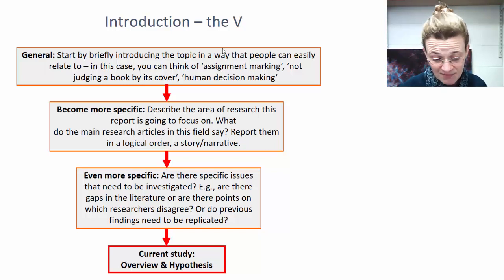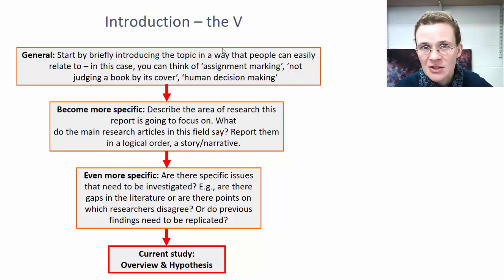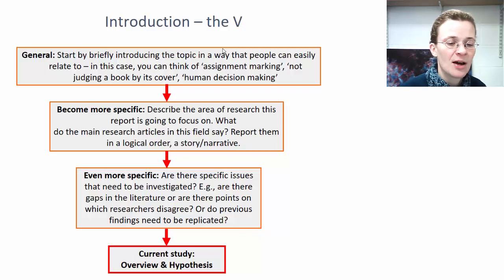Psychology has a bit of a problem replicating findings sometimes, so it doesn't do any harm to repeat a study and see, do we get the same or similar results? In any case, it needs to become clear why you do your study. And then you say, okay, this is what we did, and give an overview of it and your hypothesis.